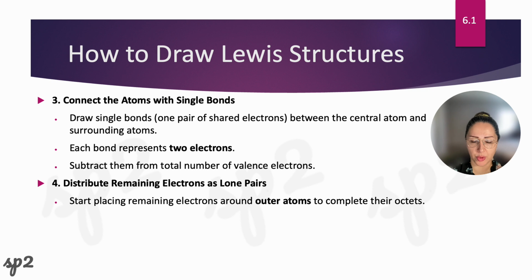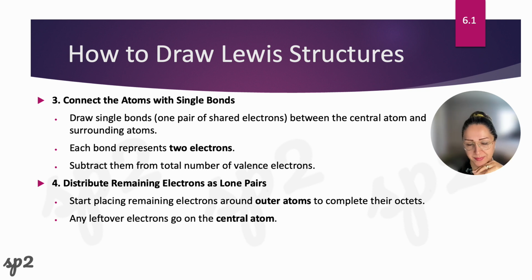Then you go ahead with your lone pairs and you try to distribute them so that you are reaching 8 electrons, and you would add them to all the elements surrounding your center. So all the outer atoms are going to get the electrons first. Then you subtract them from the total number of electrons, right? And if you have any left over, then you would add them on the center. Okay, so by this time, all of the electrons have been used. Okay, looking at the next page.